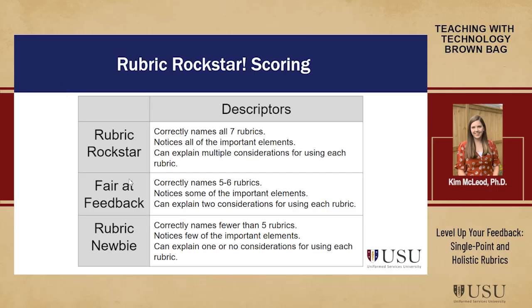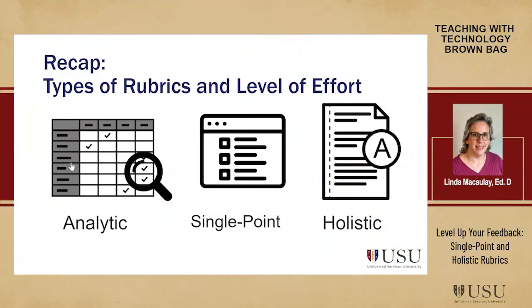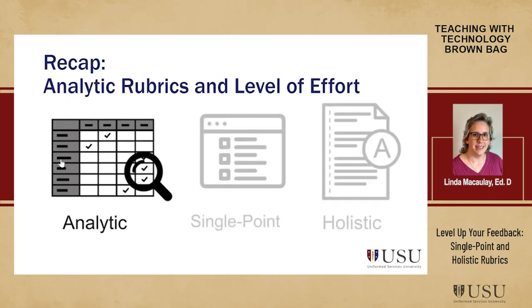So to recap today, we did look at 3 different types of rubrics and talked about the level of effort involved in using those for creation and grading of analytic. And then deeply, we looked at single point and holistic as well. Just to recap, that analytic rubric is a scoring tool that breaks down the assignment or project into very specific parts and provides detailed criteria for evaluating each part separately.